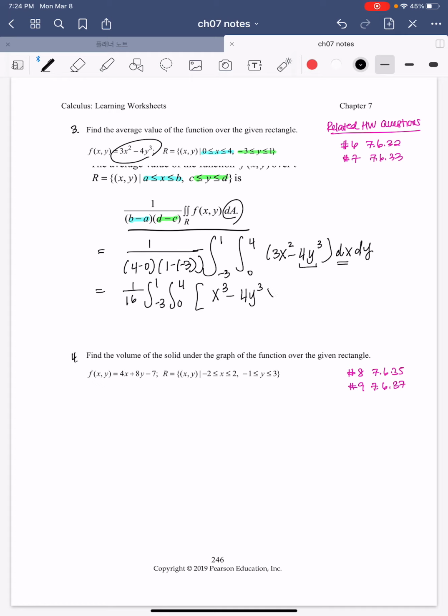You gain a power x. So let's switch it around to make it pretty. 4xy cubed is what I'm having, evaluated from x equals 0 to x equals 4, dy.